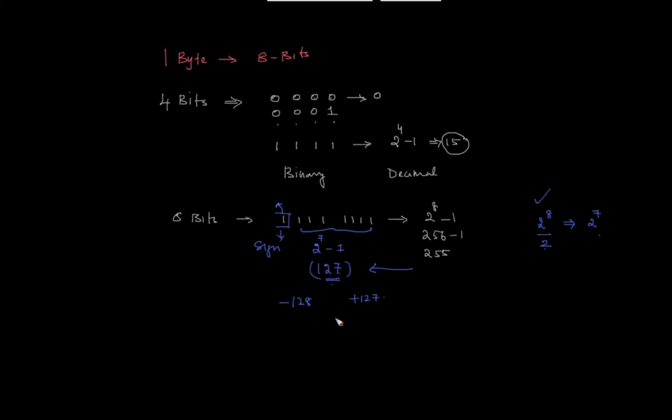So this is true for every size. So if you have 16 bits, the maximum value you can store is 2 power 16. If you take 1 bit out for sign, you have only 15, right? So that means you can store only 2 power 15 as the maximum number. So 2 power 15 is 2 power 16 divided by 2, right? So exactly half the magnitude is what you can store if you want the sign as well.